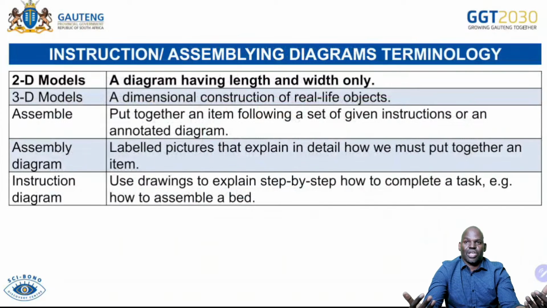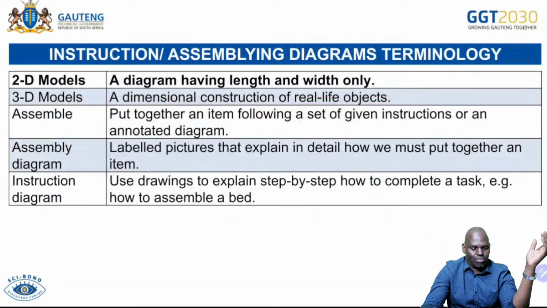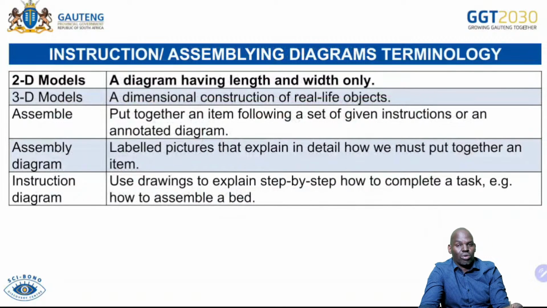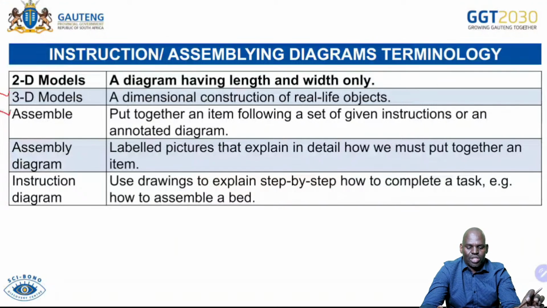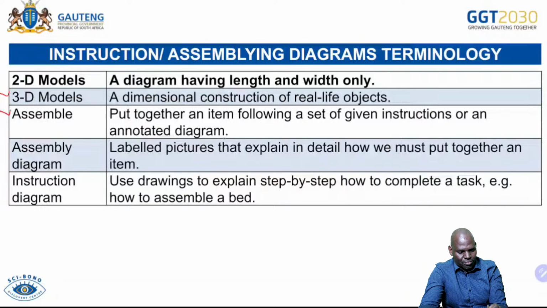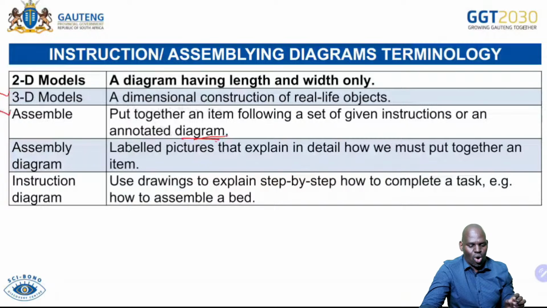The terminologies are just a method of confirming the terminologies as we discuss them under the pre-assessment. We're going to work with 2D models, and we also have 3D models, which is a three-dimensional construction of a real-life object. Then we have the terminology assemble, which means put together an item following a set of given instructions or an annotated diagram.